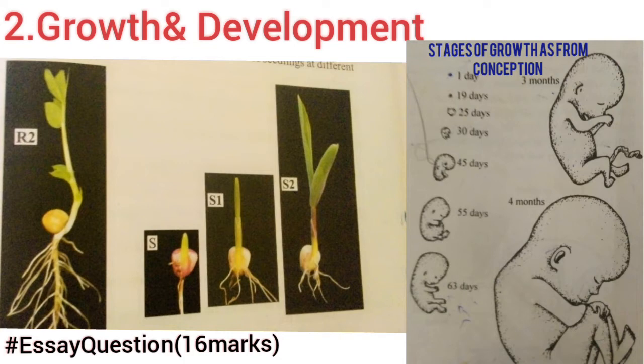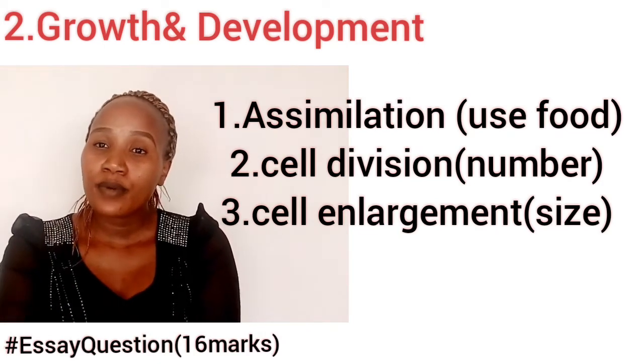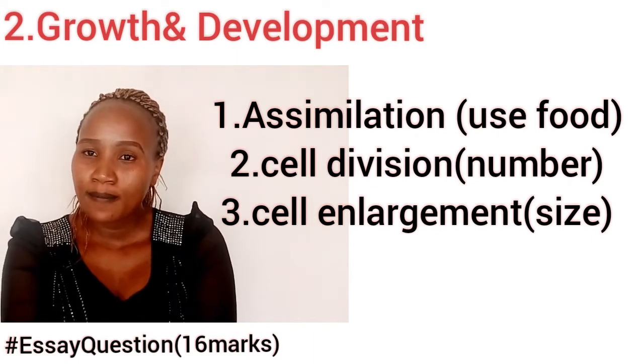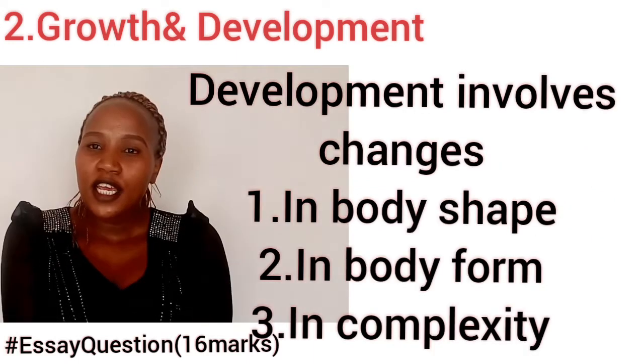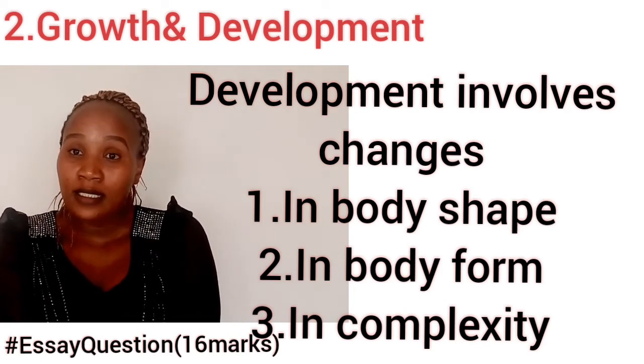I want you to know that growth is different from development, whereby growth is a permanent increase in living matter, which is accompanied by increase in size and mass, and this is possible through 3 processes: the process of assimilation, the process of cell division, and the process of cell enlargement. Whereas development involves changes in the body shape, form, and complexity.